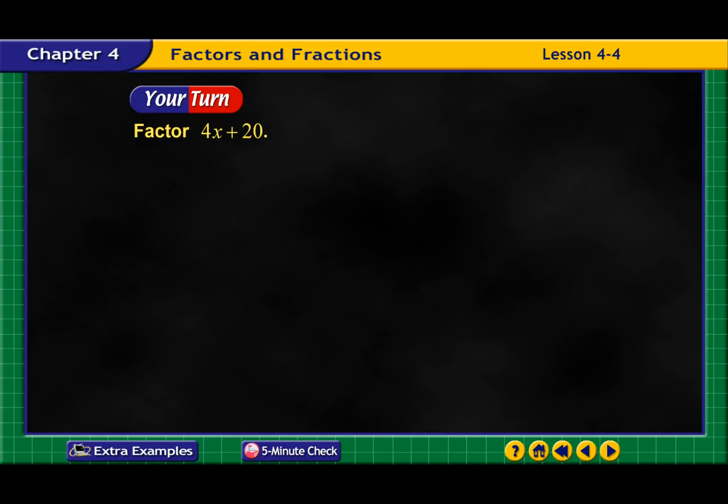All right, pause this, give it a shot. All right, so there's 2 ways to do this. The long way, which is fine. The way the book wants us to do, and what work I want to see you do, is you're going to factor out 4 goes to 2 times 2 times x, and then 20 goes to 2 times 10, which will be 2 and 5. So they're going to want you to go 2 times 2 and a 5.